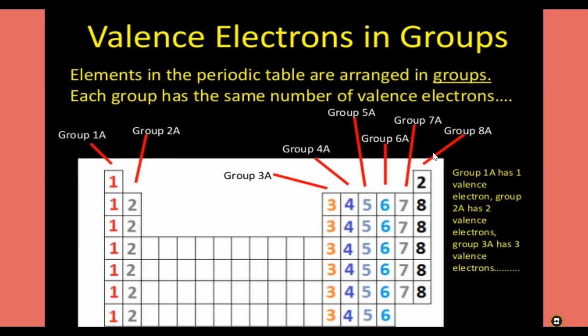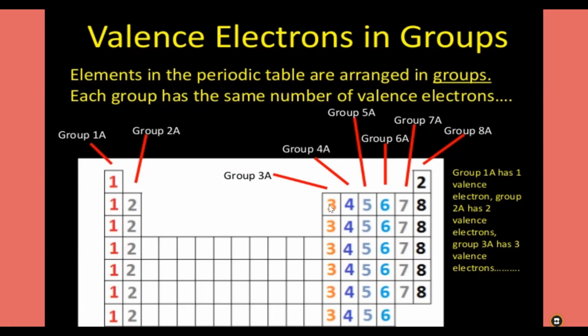How does that work? If an element is in group 1A, it means the number of valence electrons is 1. If an element is in group 2A, it means the number of valence electrons is 2. It's not applicable to transition metals.